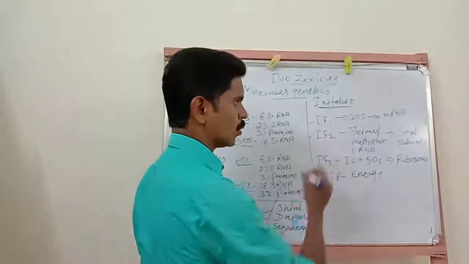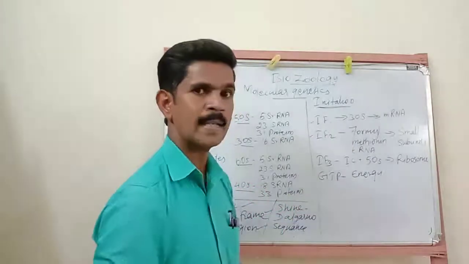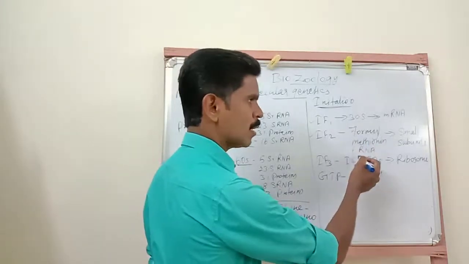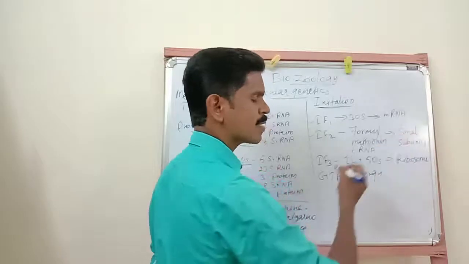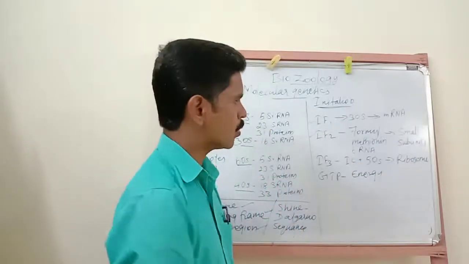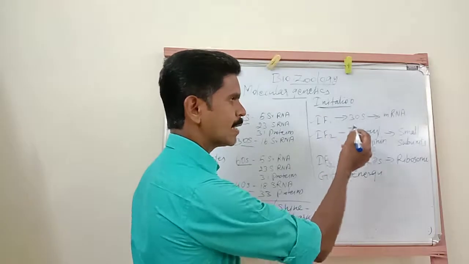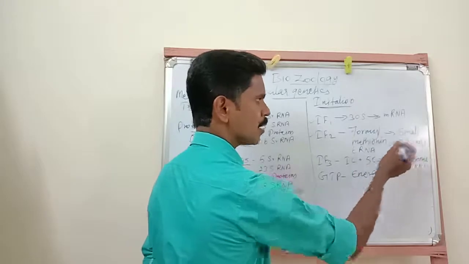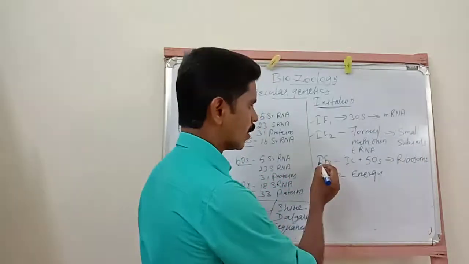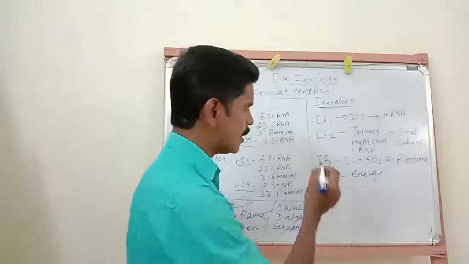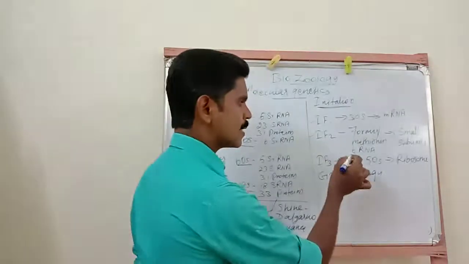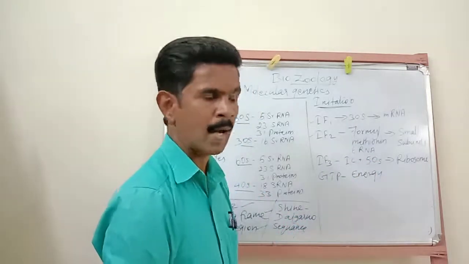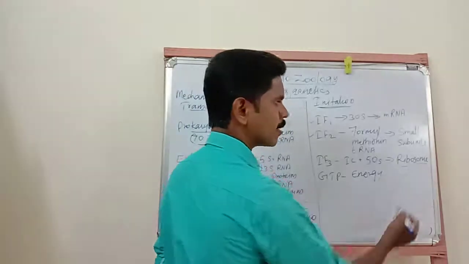Then initiation factor 2 enhances the binding of formyl methionine tRNA with the small subunit of a ribosome. And the third one, initiation factor 3, allows the initiation complex to bind with the 50S subunit, and finally produces a complete 70S ribosome.